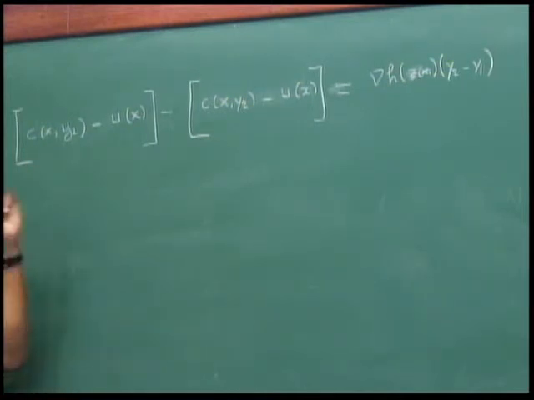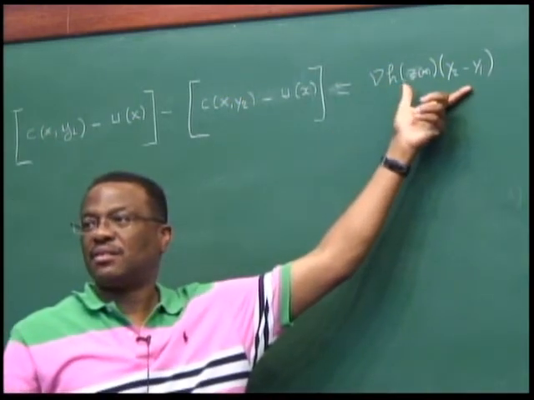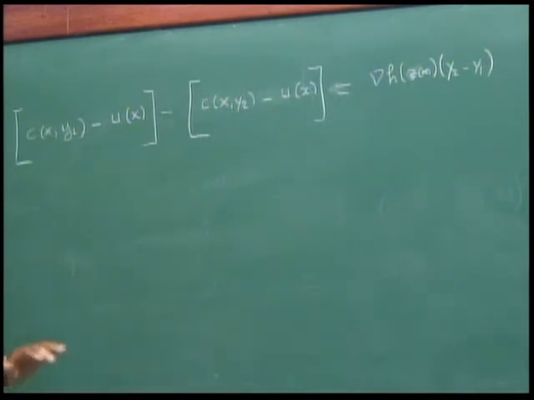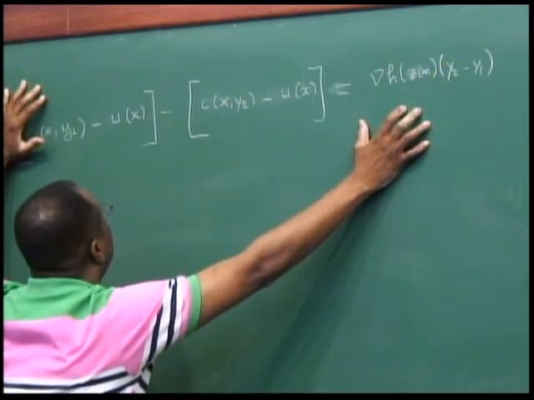Therefore, the distance between this infimum and that infimum will be less than that. Okay. So if I want to do it, put more line, I am going to move everything here, like I did before.